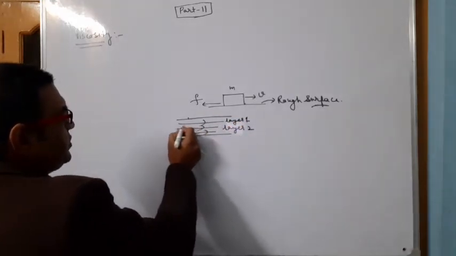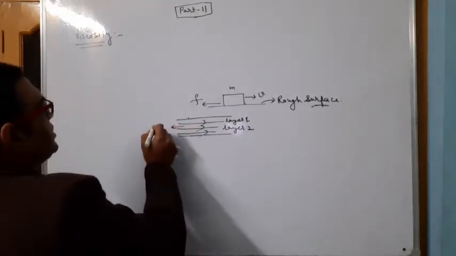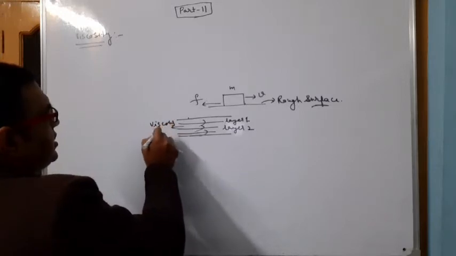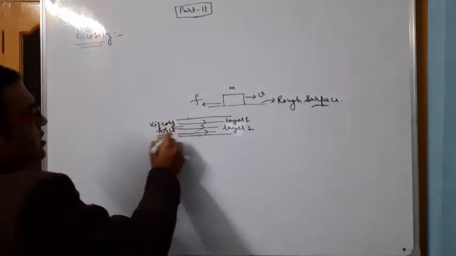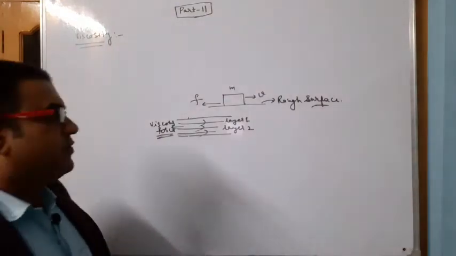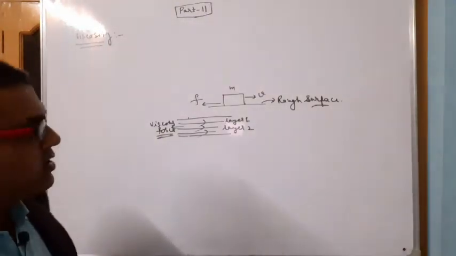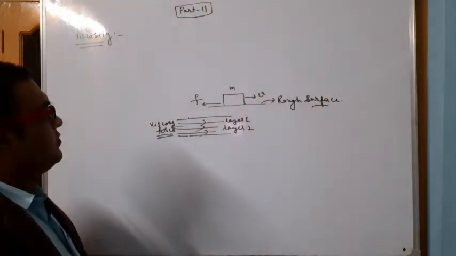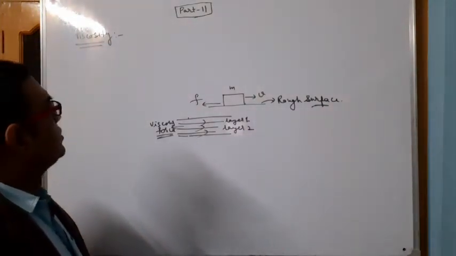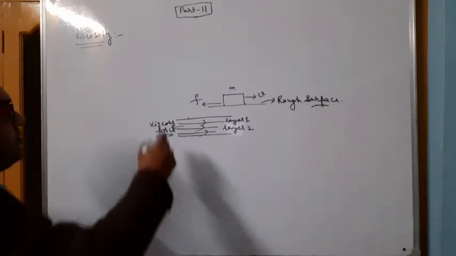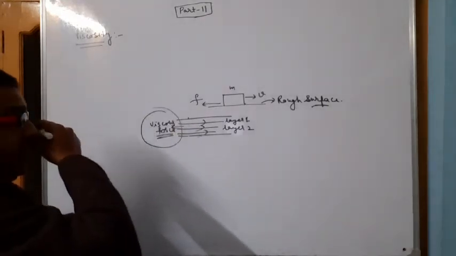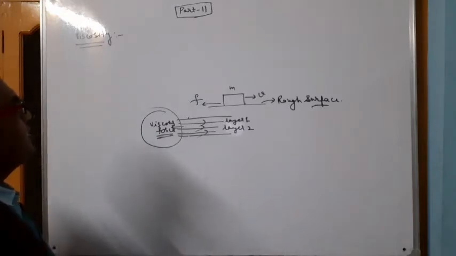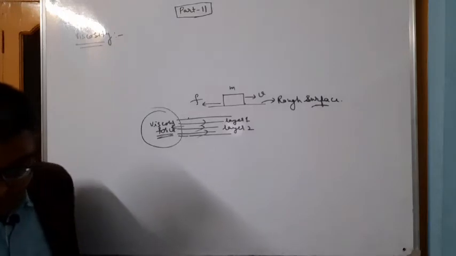A force which opposes the motion of the layers inside the tube is called the viscous force. It opposes the motion of the liquid layers, and the property which arises is called viscosity.